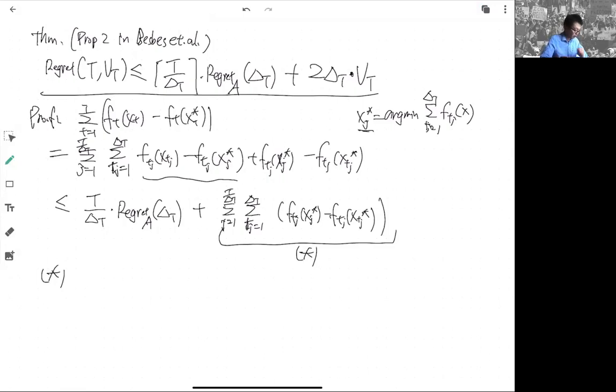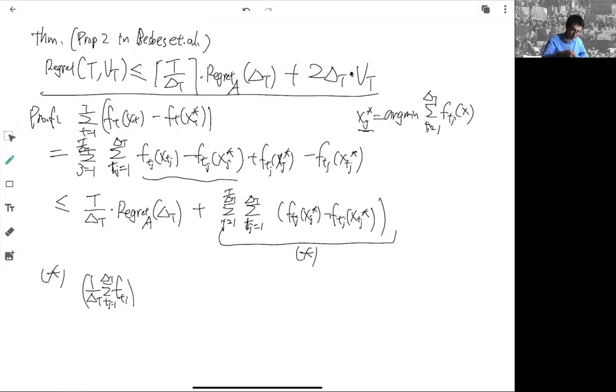Okay, so how we're going to do that: let's define a function, 1 over delta t times the sum of f_tj, t_j from 1 to delta t. Okay, so this is the average function in hindsight of the sequence that we receive within a bin.